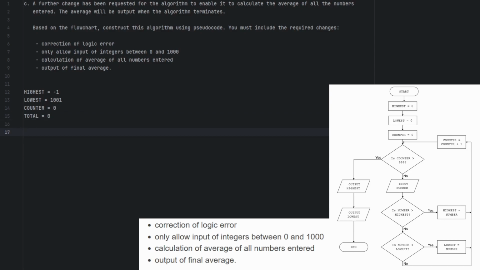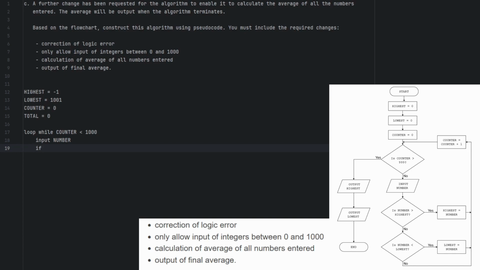Okay, so we're going to loop while our counter is less than 1000, and then we're going to input our number. Now, at this point, we want to do our validation check.